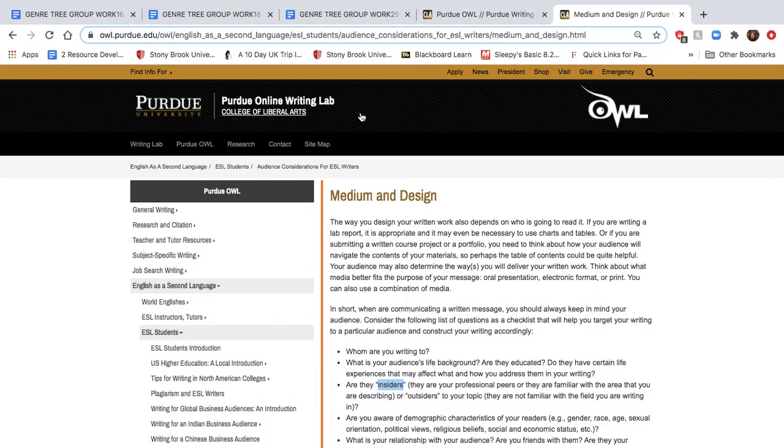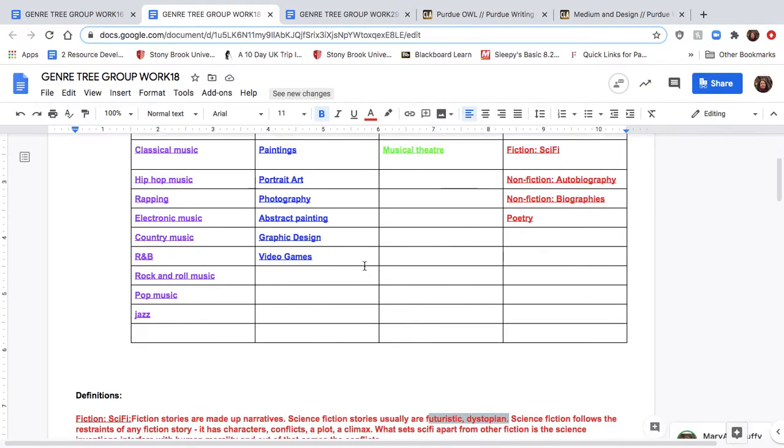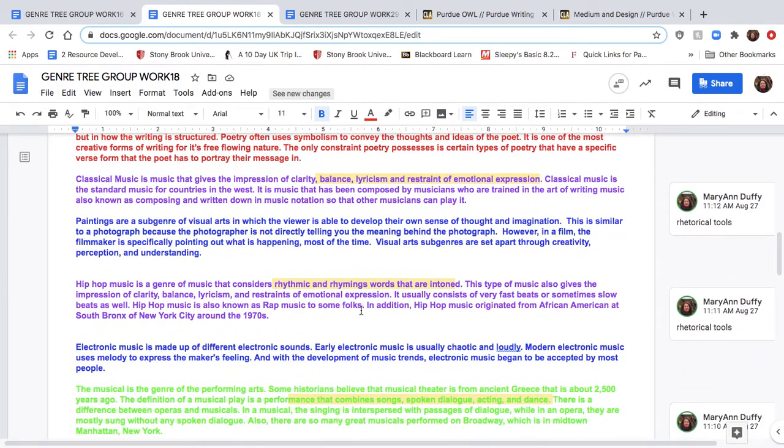So I hope the Genre Tree experiment provides a little bit of clarity to you about what a rhetorical tool is.